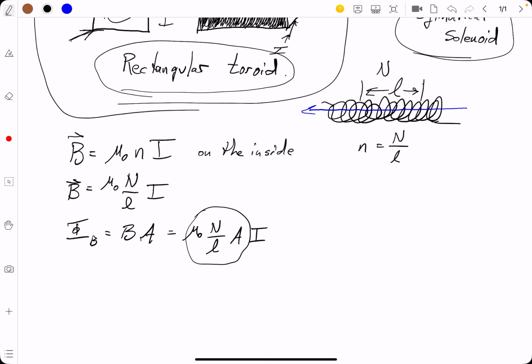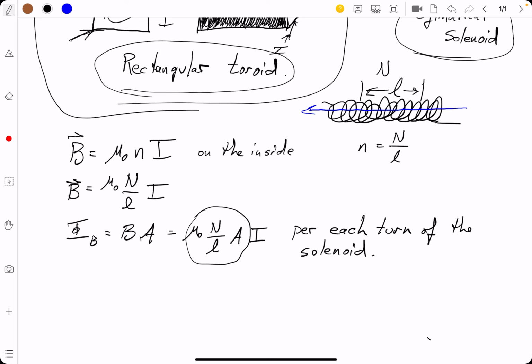Now, this is per each turn of the solenoid.